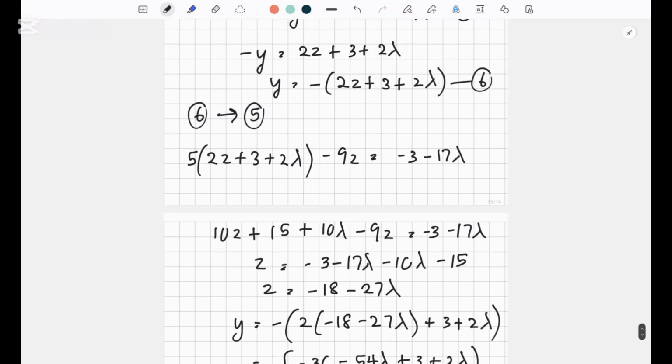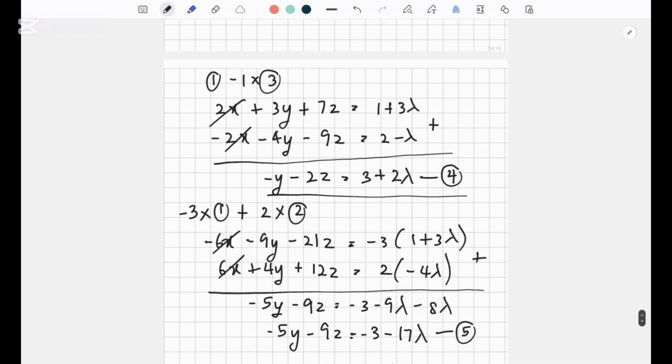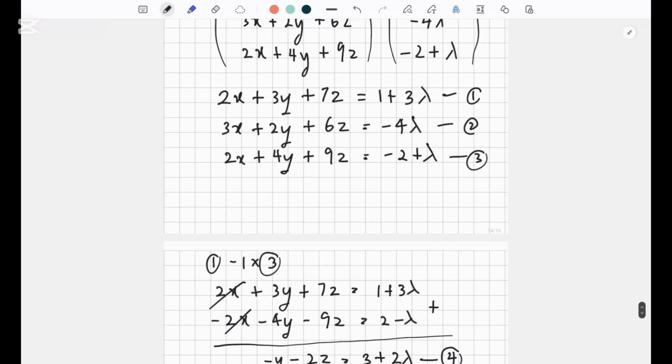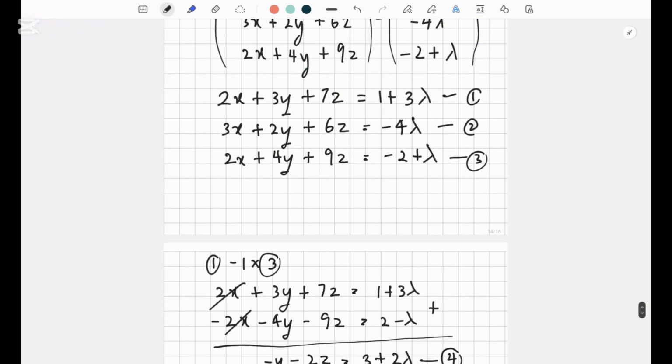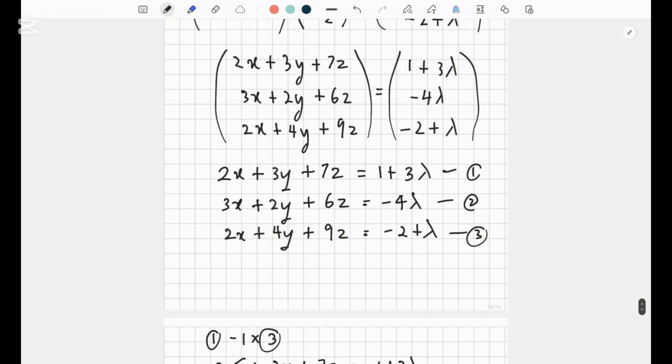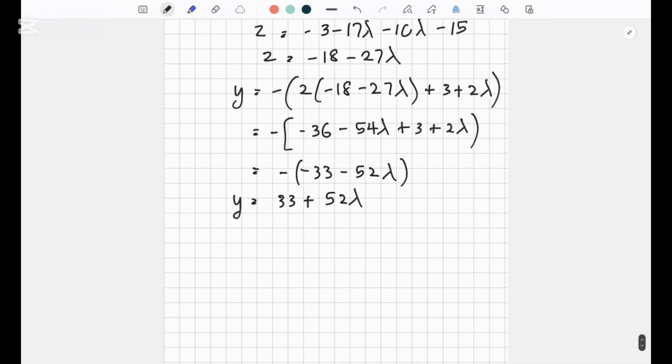Now let's find x. So let's use one of the equations we have. Let's use the second one. No, let's use the first one. Okay, you can use any you like. Doesn't matter.